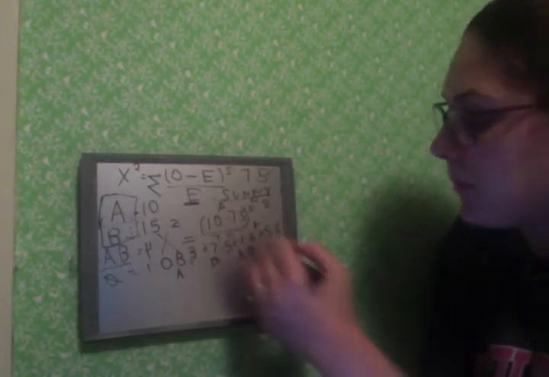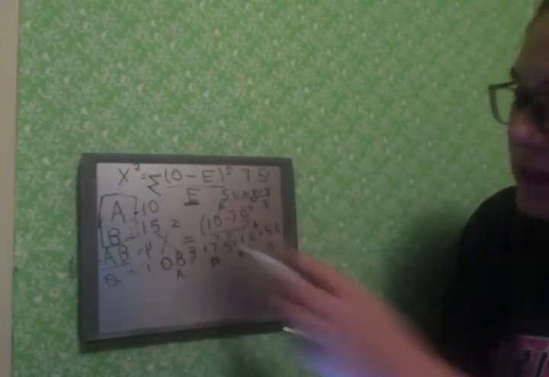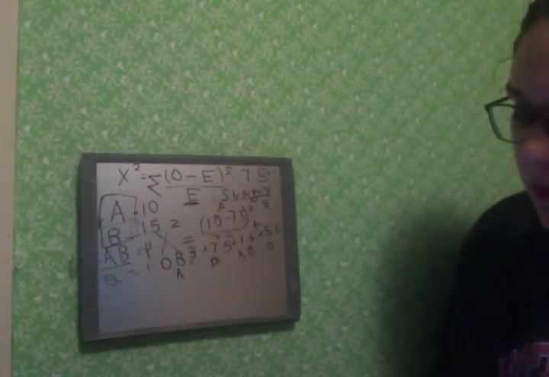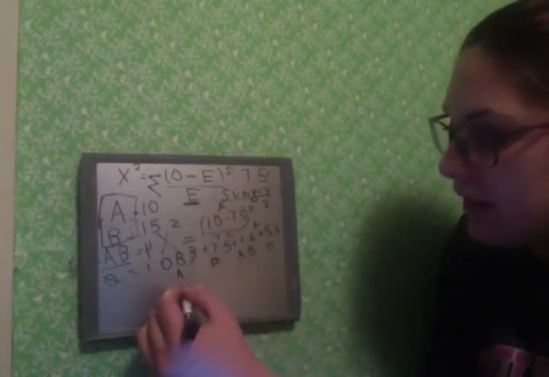So now to get the chi-squared for sunny side, you're just going to add all these up together. So 0.833 plus 7.5 plus 1.6 plus 5.6 altogether is 15.53.